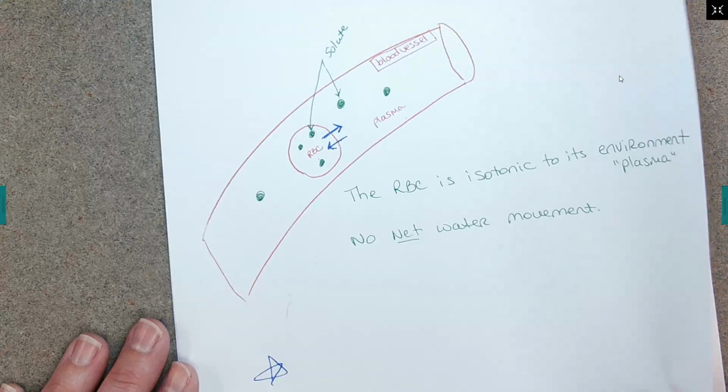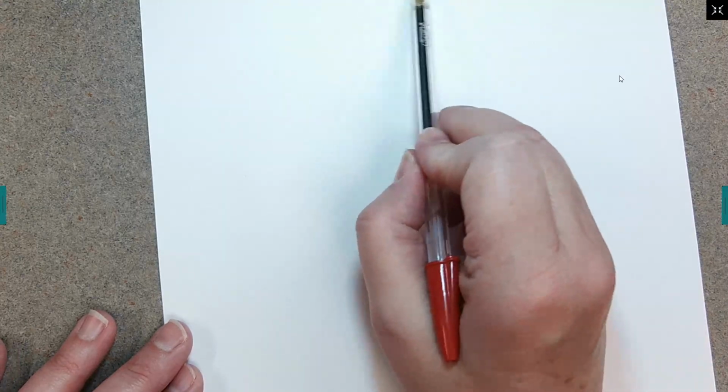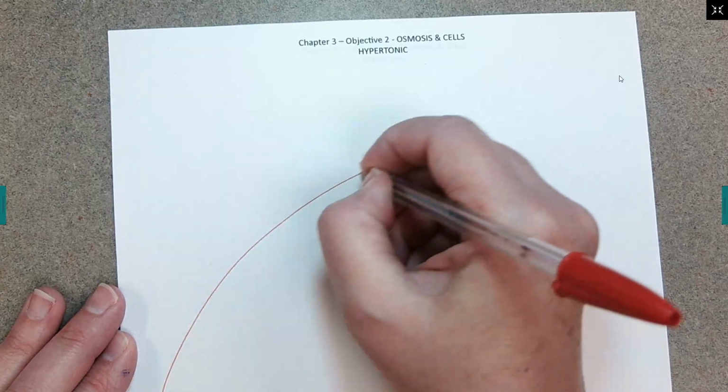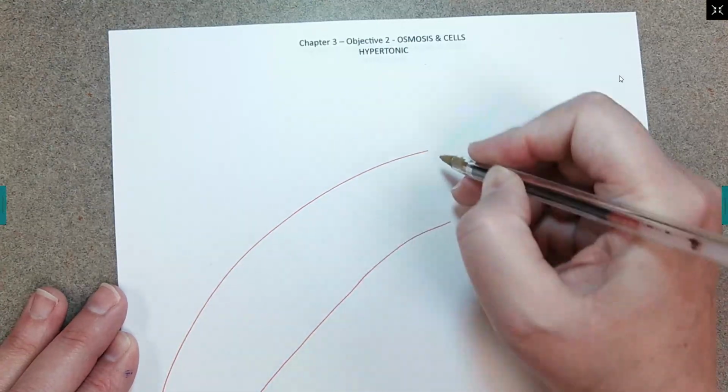Okay? Now, let's take a look at what happens when things don't do what they're supposed to do. So let's look at a situation where we have a cell in a hypertonic environment. So I'm going to go ahead and draw our blood vessel again. Again, pardon my drawing here.